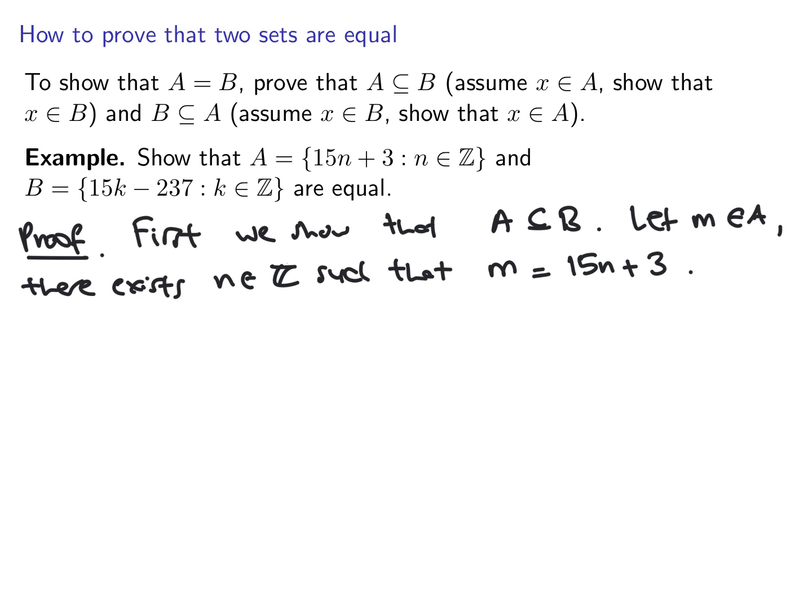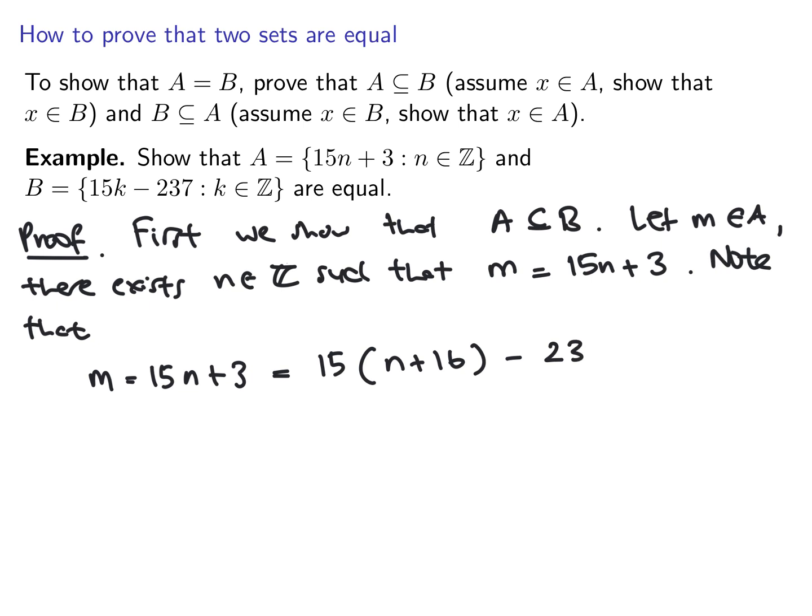Now we want to show that m is in B. So we want to show that for another integer, m is equal to 15 times that integer minus 237. Okay, so let's see. Note that m, which is 15n plus 3, is equal to, okay, so here we need to do some arithmetic. 15 times n plus 16, right, minus 237.